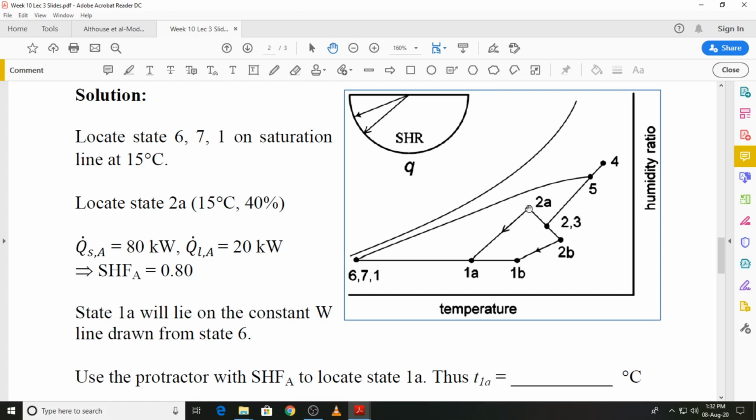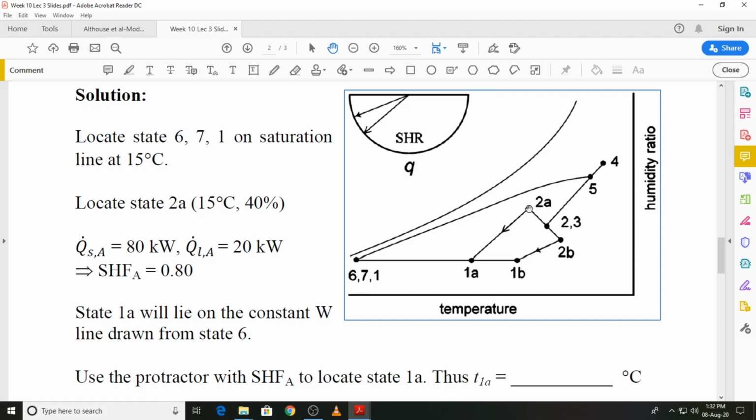The sensible and latent loads for zone A are also given, so we can easily find out the sensible heat factor for zone A, which is the sensible load divided by the total load, and that comes out to be 0.80.